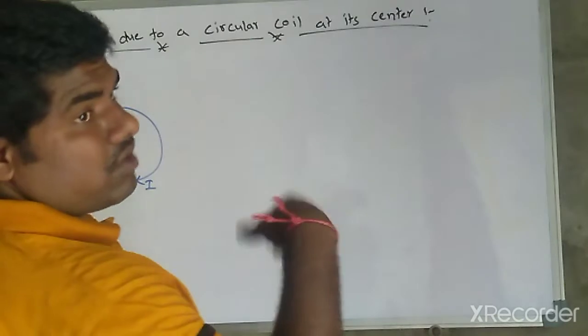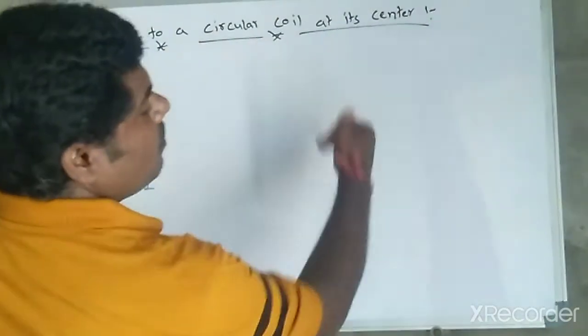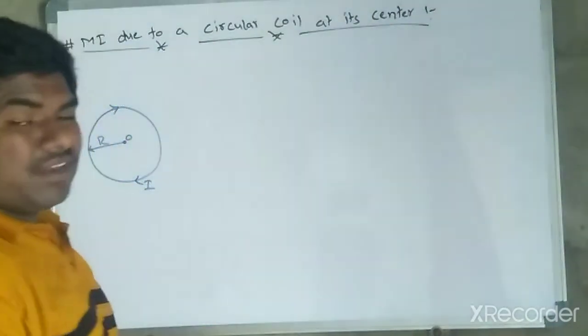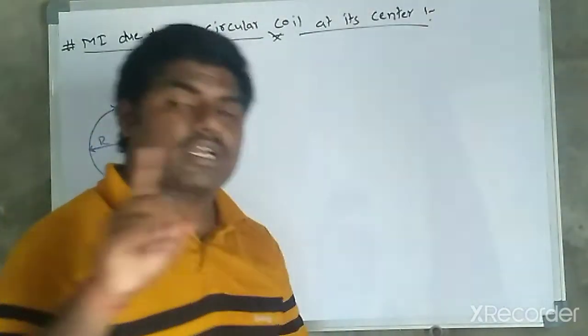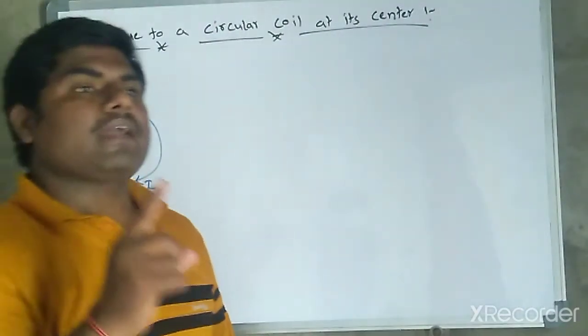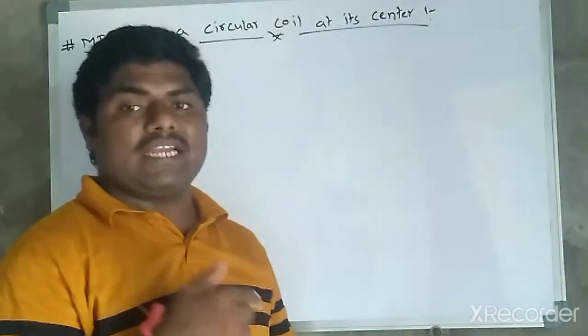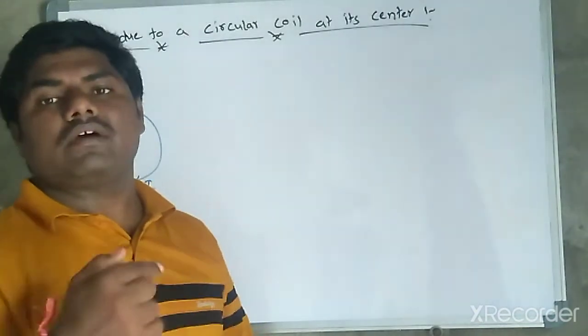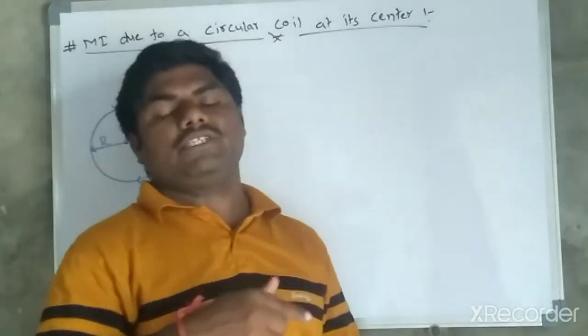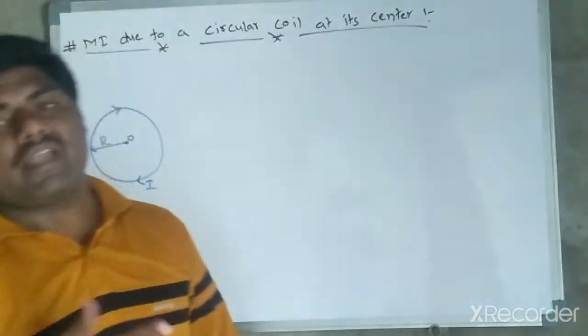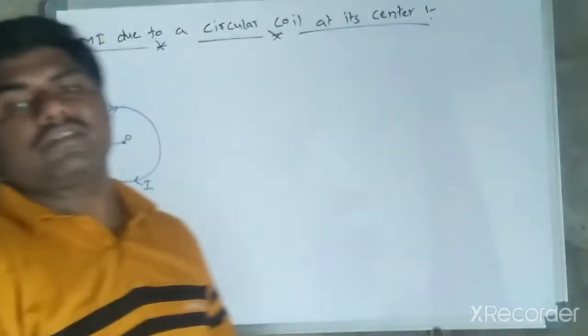In anti-clockwise direction, the magnetic field is out of the board. You may remember these two cases. If the current direction is clockwise, the magnetic field at the center of the coil is inward. Whenever the current moves anti-clockwise, the magnetic field at the center is outward. Please remember.